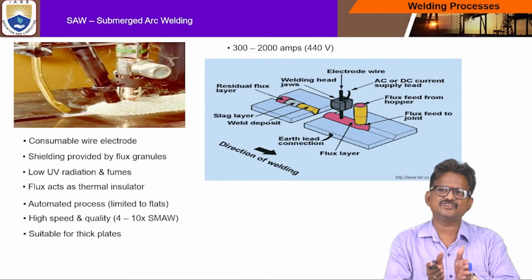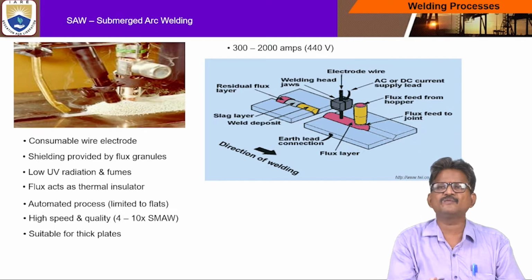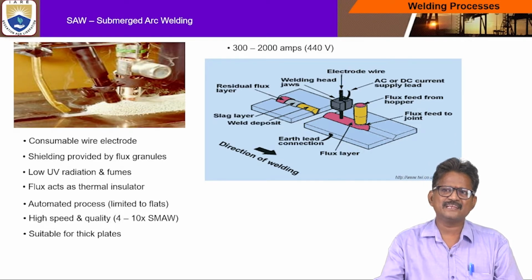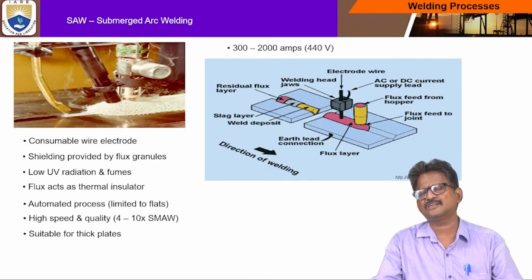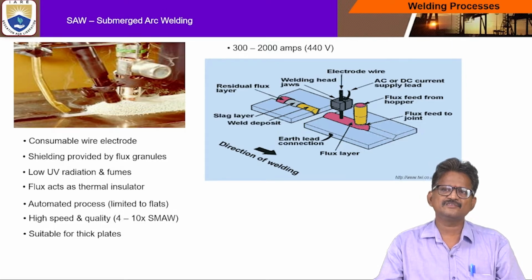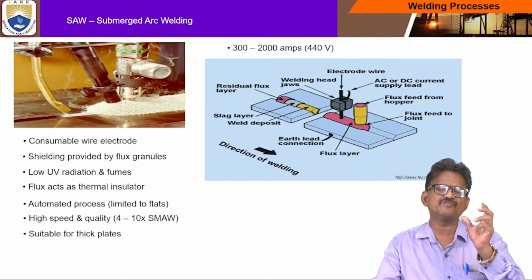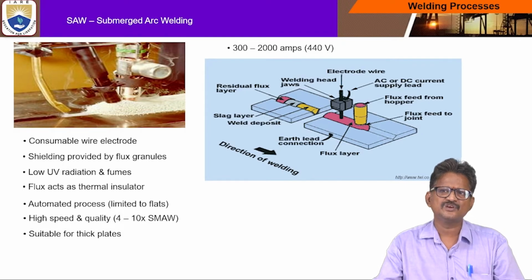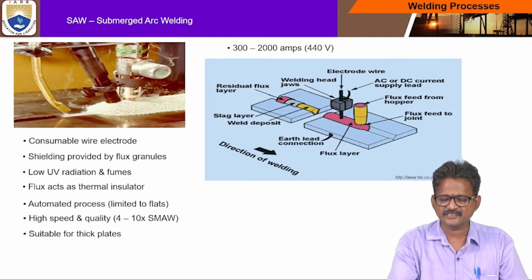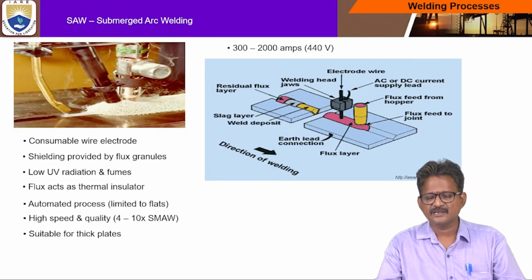The welding head jaws hold the electrode so that a uniform size of wire can be provided, and there will be an earth lead connection to avoid shocks from the supply side. There is also a residual flux layer, and the weld is deposited under the slag layer.